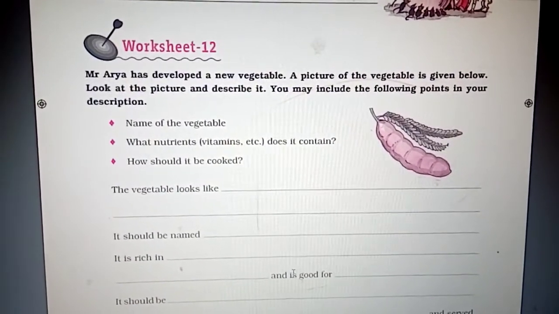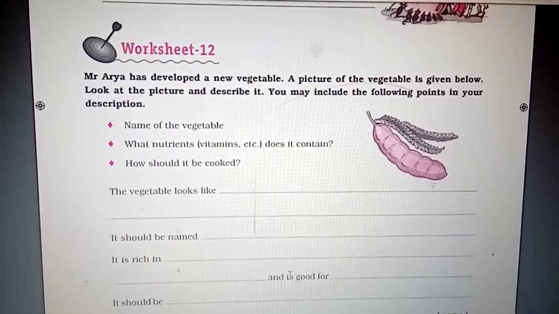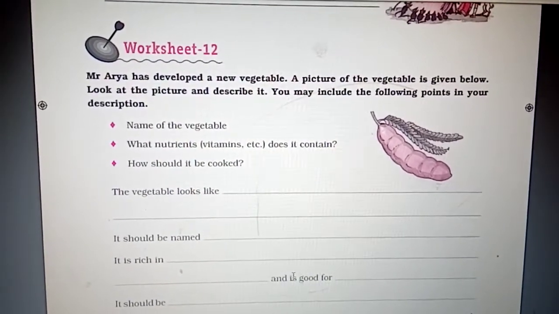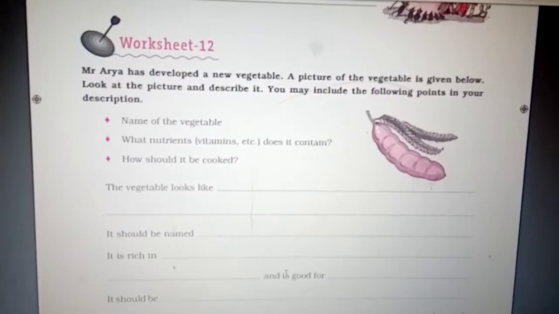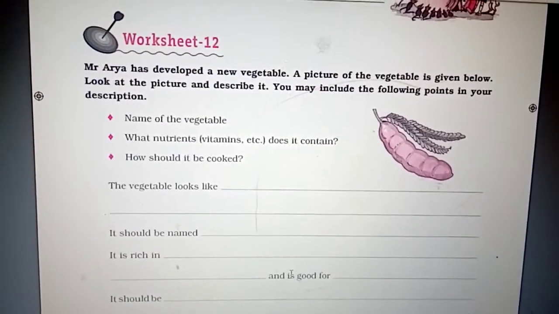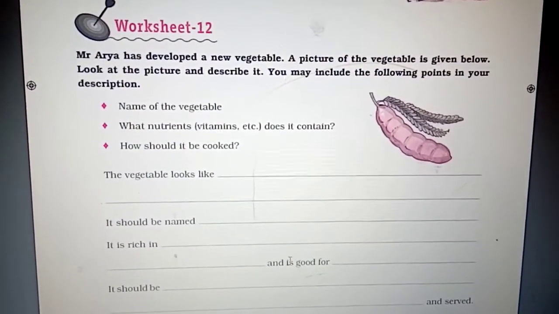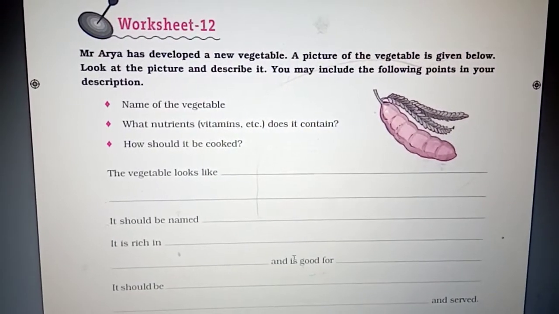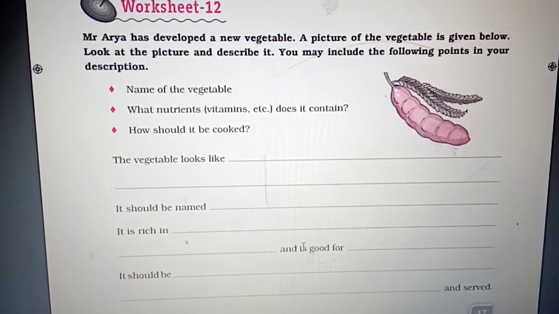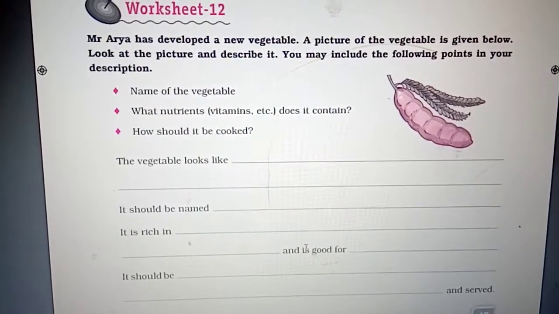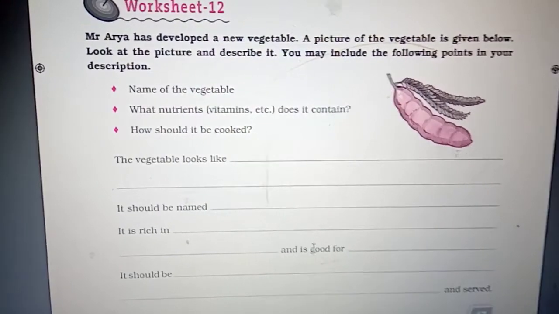It is time to do worksheet number 12, where a picture is given and you have to describe it using these points given here: the name of the vegetable, what nutrients it contains, and how it should be cooked.